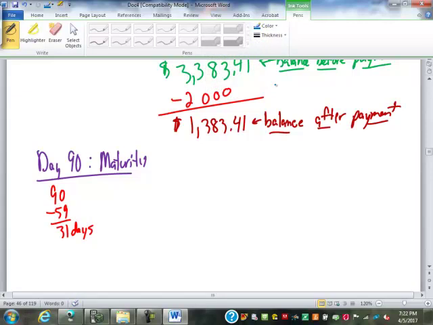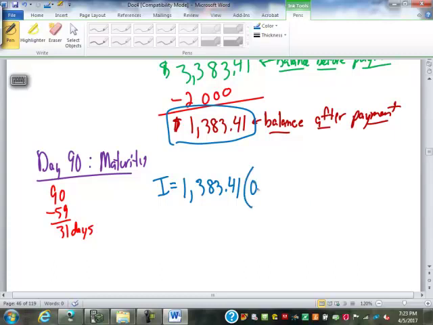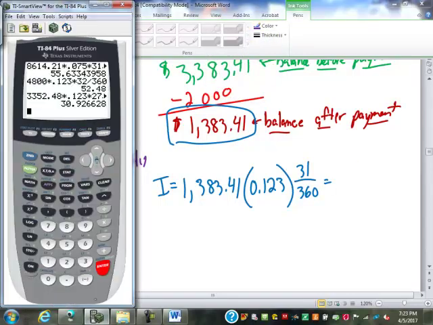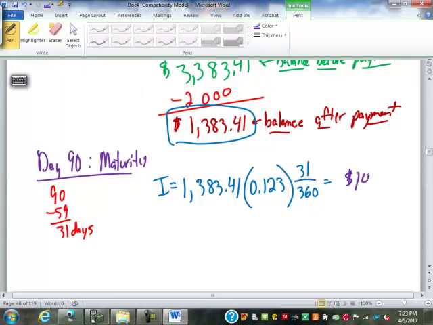So we calculate our interest. I equals, using our balance after that last payment again, $1,383.41, our rate still 12.3%, so 0.123, and our new time of 31 days, so 31 over 360. 1383.41 times 0.123 times 31 divided by 360 gives us $14.65 in interest, which gets added to the $1,383.41.